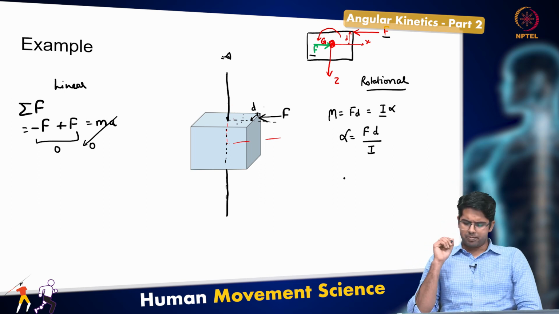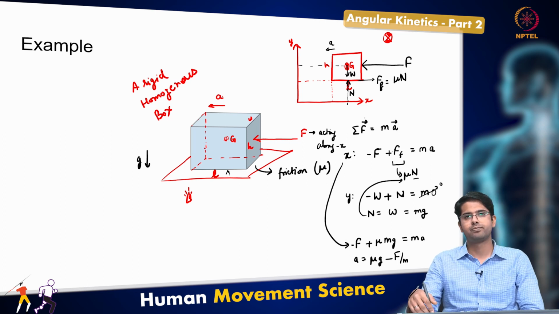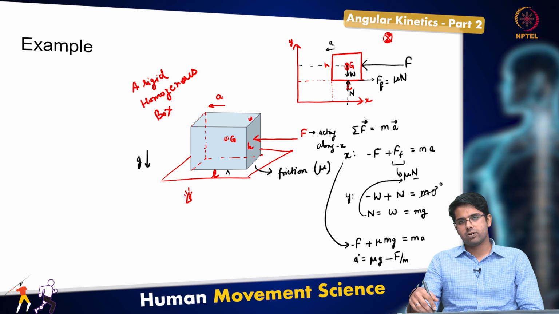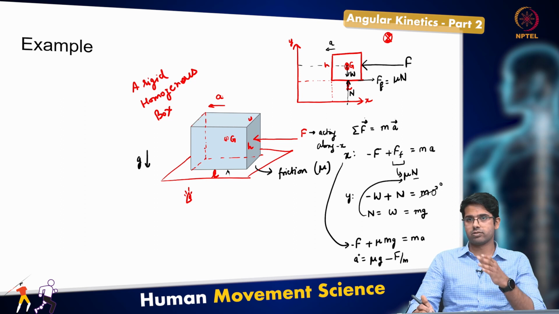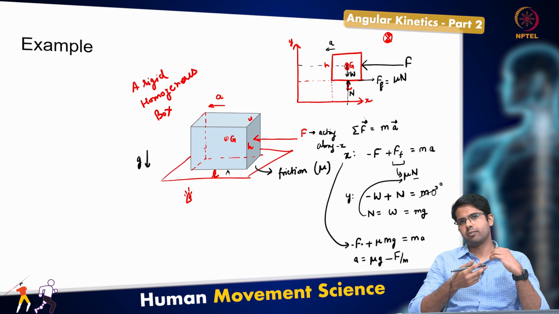I just want to point out something here. So in this analysis, for example, we were calculating the acceleration, right? Now, in the chapter on kinematics, you also learned how to calculate acceleration from displacement values, right? So what is the difference between this approach and that approach?